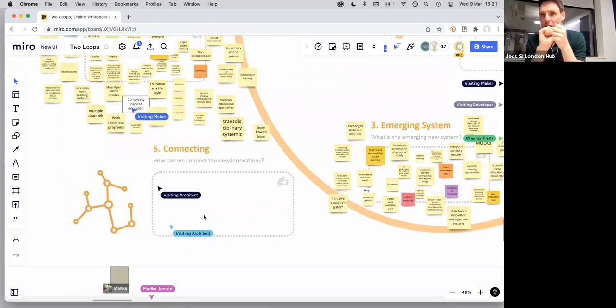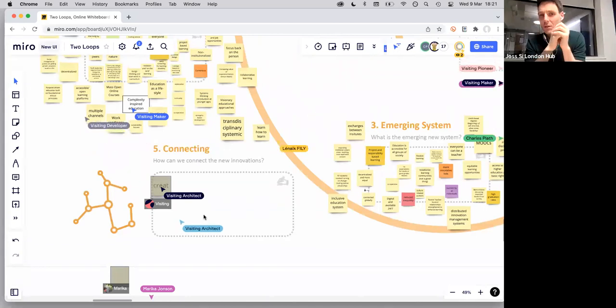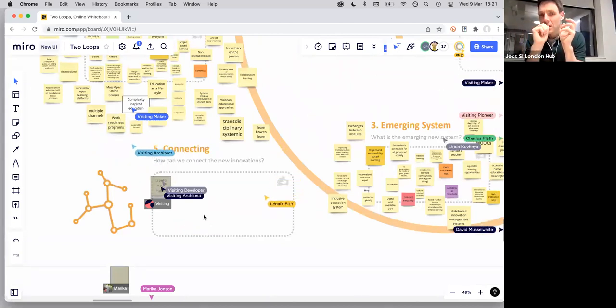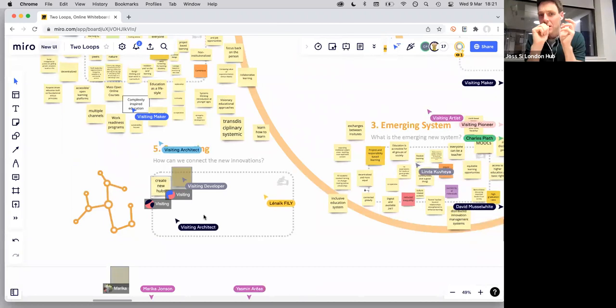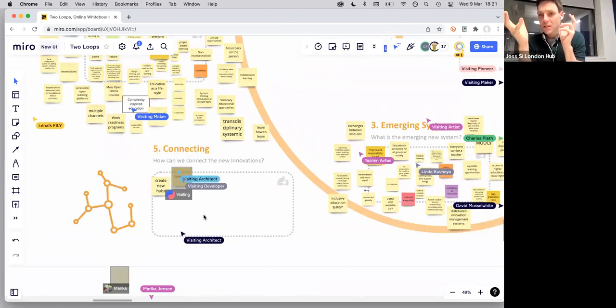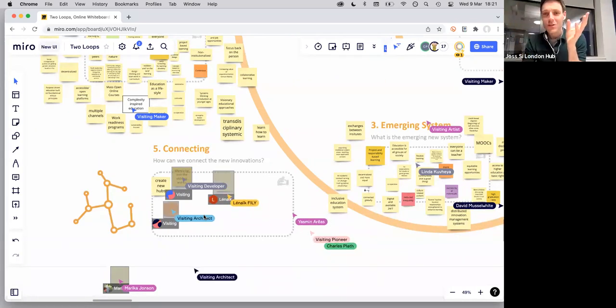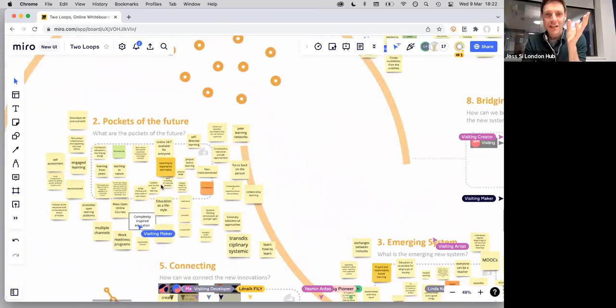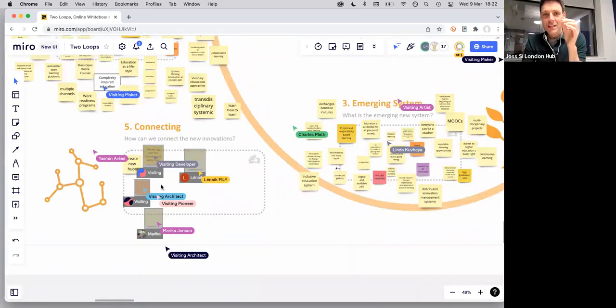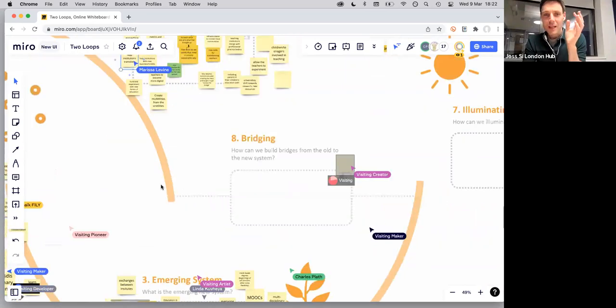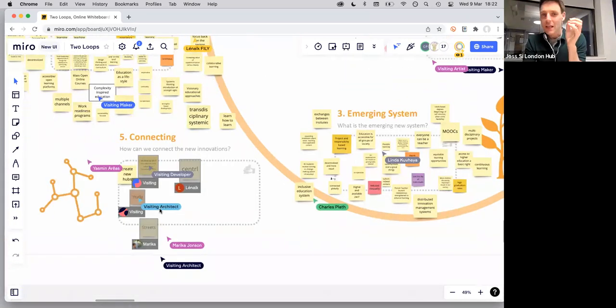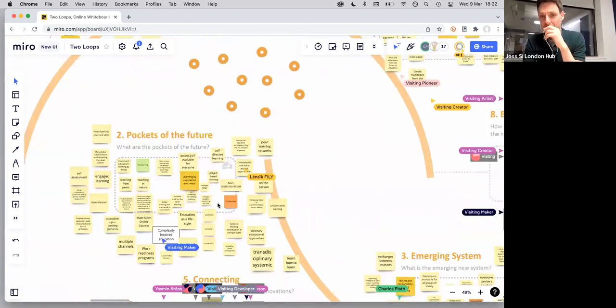Maybe creating a learning lab or something where we could bring in these new ideas. Maybe we could use a university. No, a museum as a learning lab, where we bring in all these new ideas and these new innovations, and we combine it with the existing museum, and we connect them to create a new learning experience based upon these principles here.